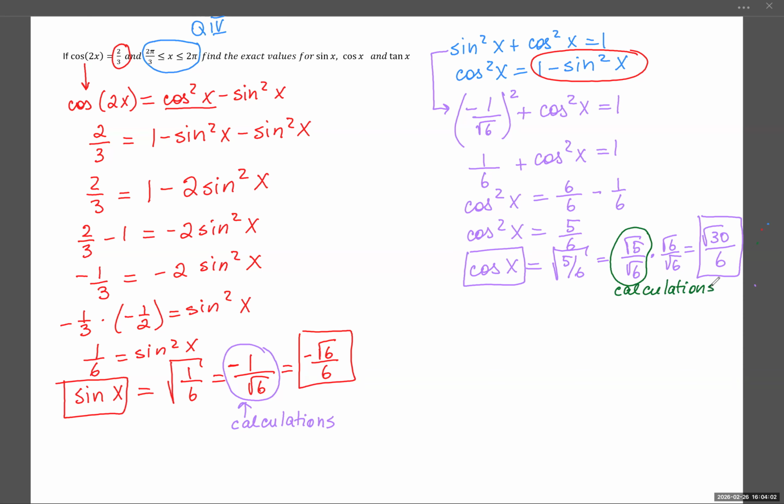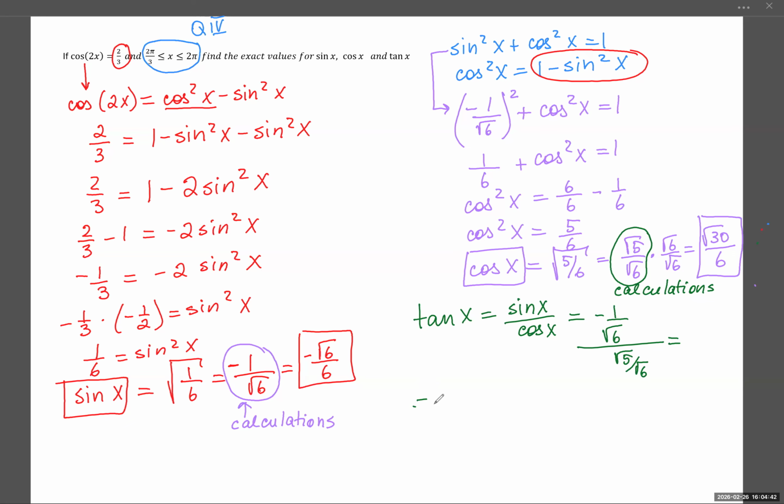We still need to find tangent of x, and that's where my sine and cosine will come in handy. Tangent of x equals sine of x divided by cosine of x. Sine of x, we're taking the non-rationalized denominator here, negative 1 over the square root of 6 divided by cosine of x, which is square root of 5 over the square root of 6.